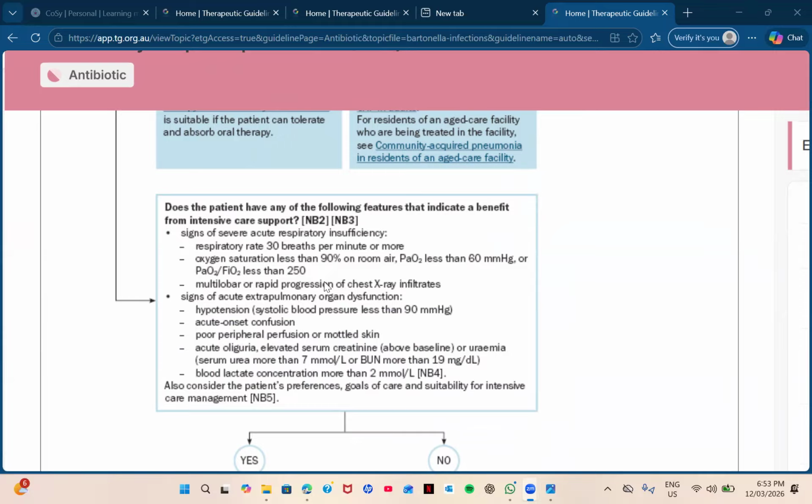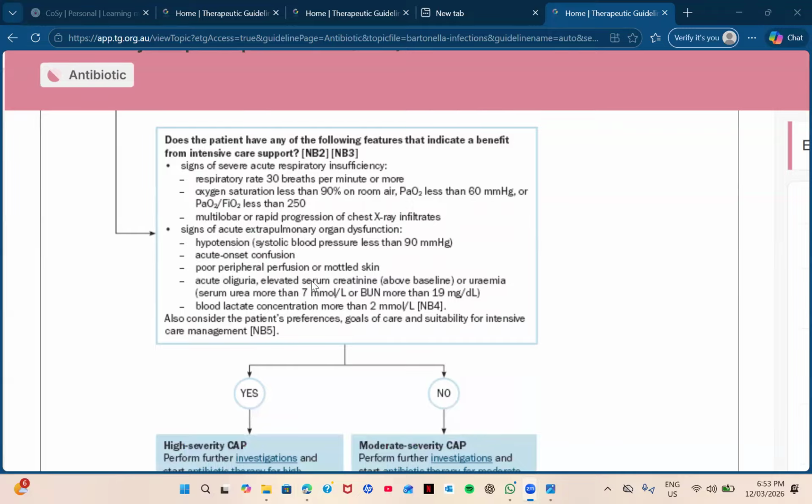Signs of acute extrapulmonary organ dysfunction: hypotension, acute onset confusion, poor peripheral perfusion or mottled skin, acute oliguria, elevated serum creatinine or uremia, and blood lactate concentration more than 2.